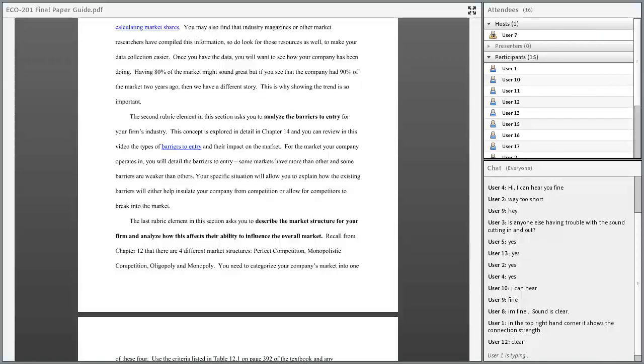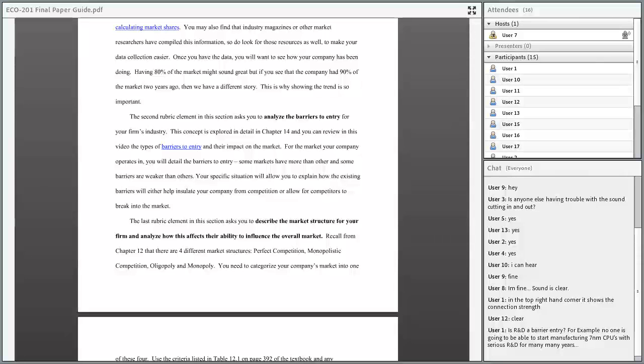So you will need to know what the market share is in your industry and what the barriers to entry are, to then develop the third element of the rubric, which is what market structure your company operates in. To determine the market structure, you can use the index that counts the number of firms that dominate the market.